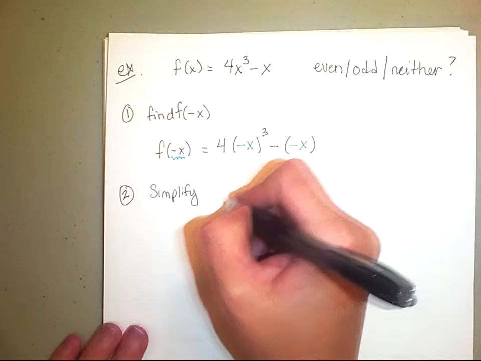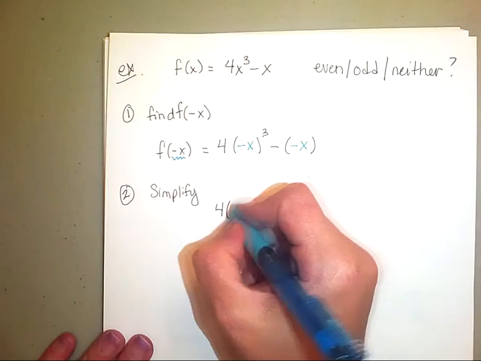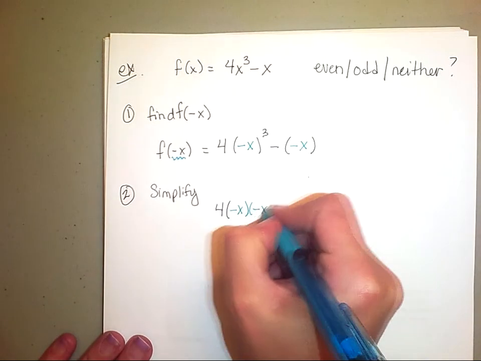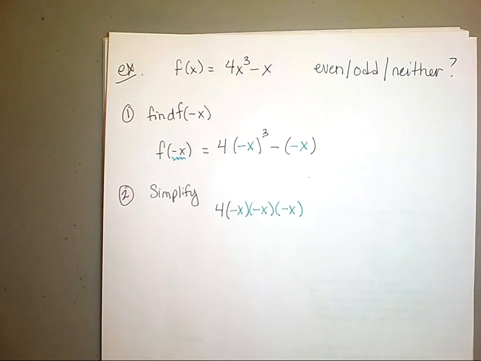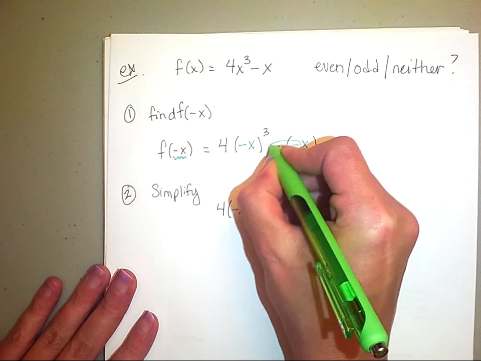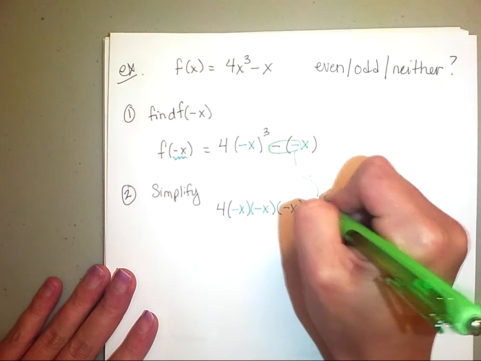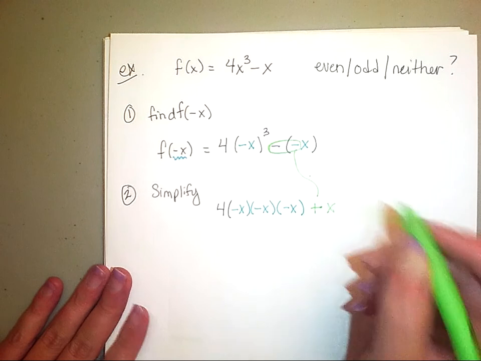Just to see this, negative x cubed is negative x times negative x times negative x. And I hope we can see here, when we subtract a negative of anything, subtracting a negative becomes positive, so we'll get a plus x.